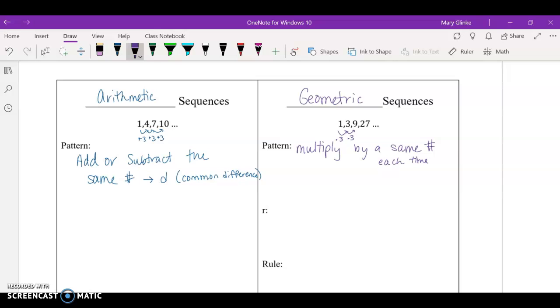Now you notice I only said the word multiply. You also can think of it as dividing, but just like before with our exponential stuff, we're going to always try to write it as multiplication. So if, for instance, it said divide by 3, we would say times 1/3. So r is going to be that common ratio.